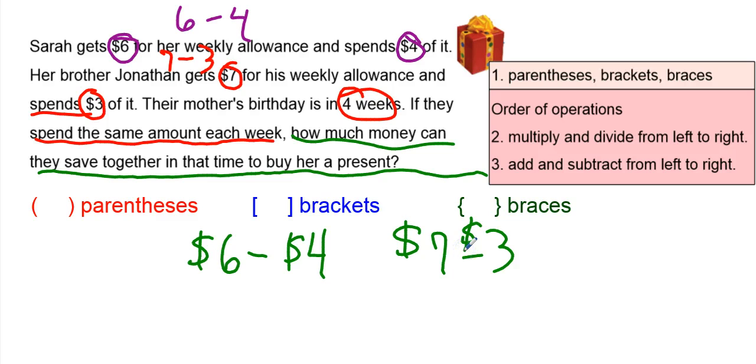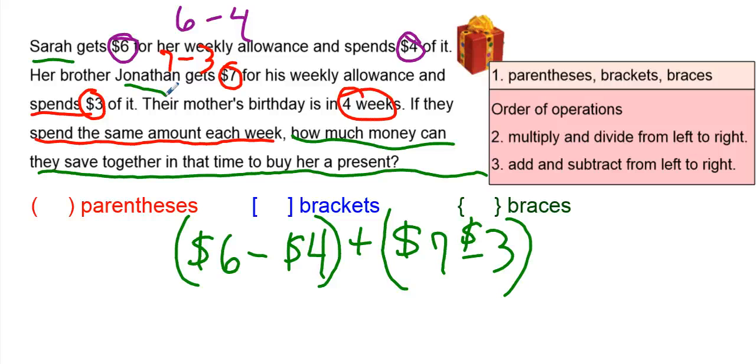I need to group these items together, and I'm going to use parentheses in order to group them together. I know that both of these things are going to occur within my problem, so I need to add. I need to show that Sarah, who has $6 and spends $4, and Jonathan, who has $7 and spends $3, we need to group those terms together.